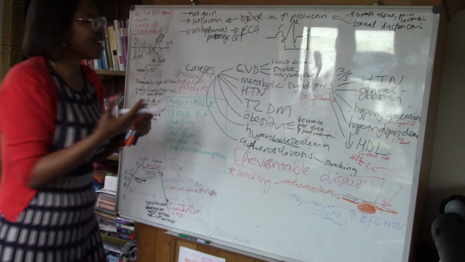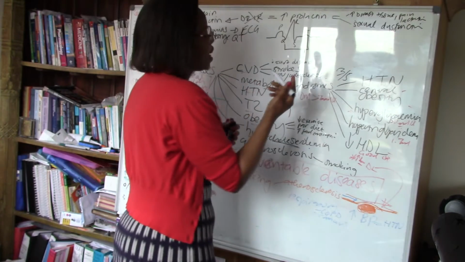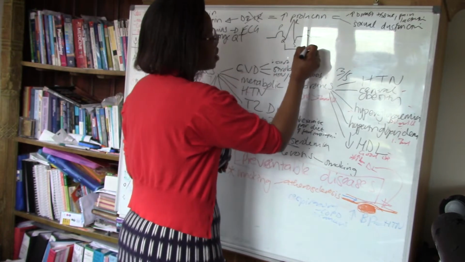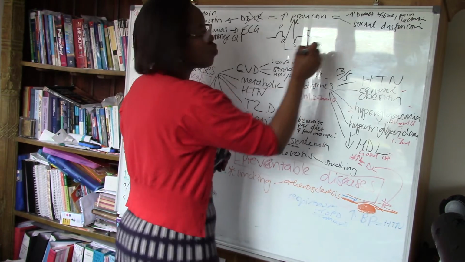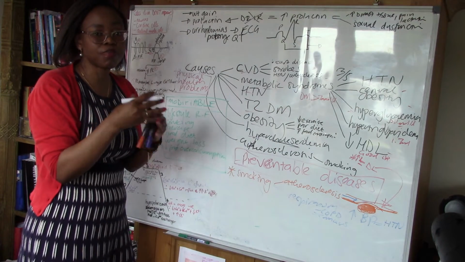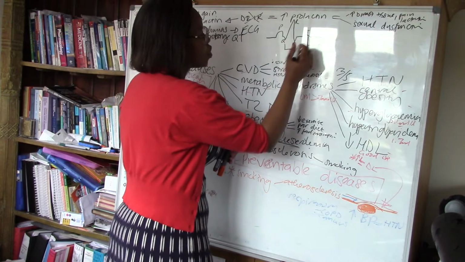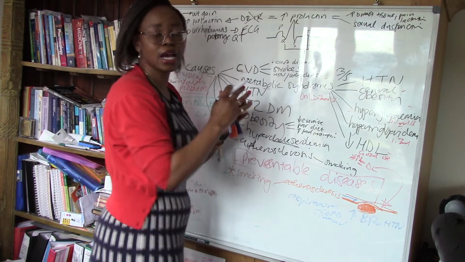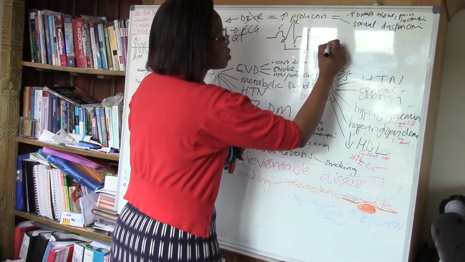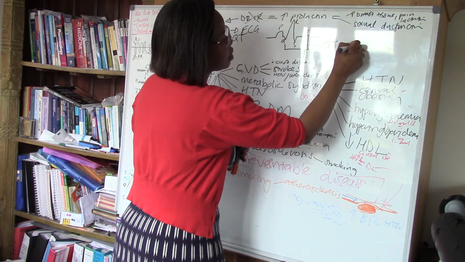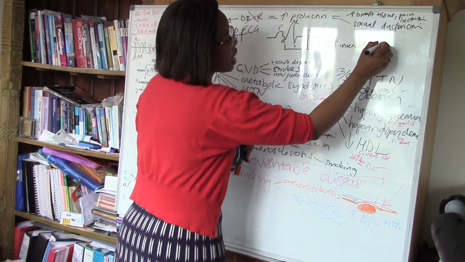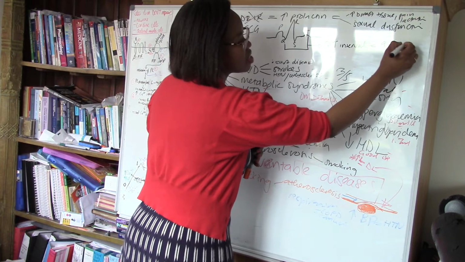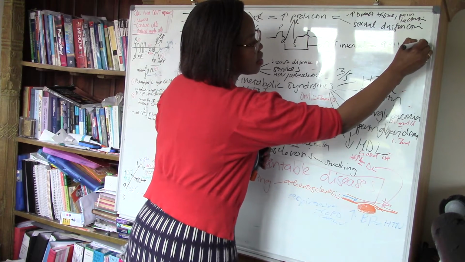By saying longer, really, the easiest way to define it is that normally, if we were to take an ECG printout, the QT interval is usually about 9 to 11 small squares.